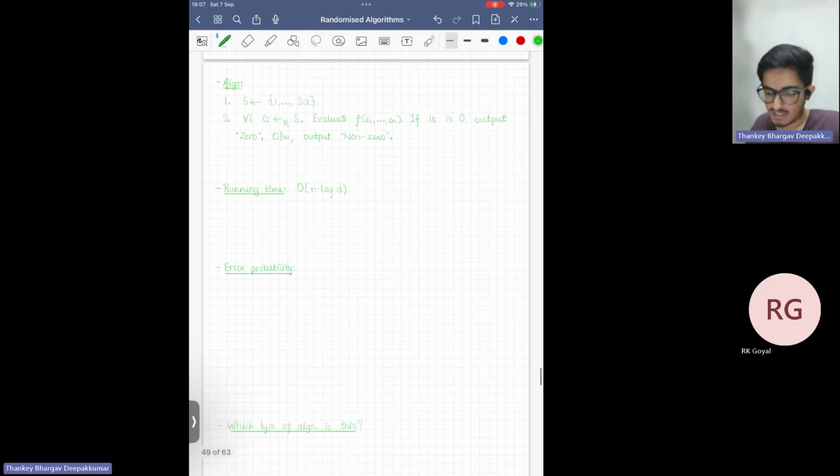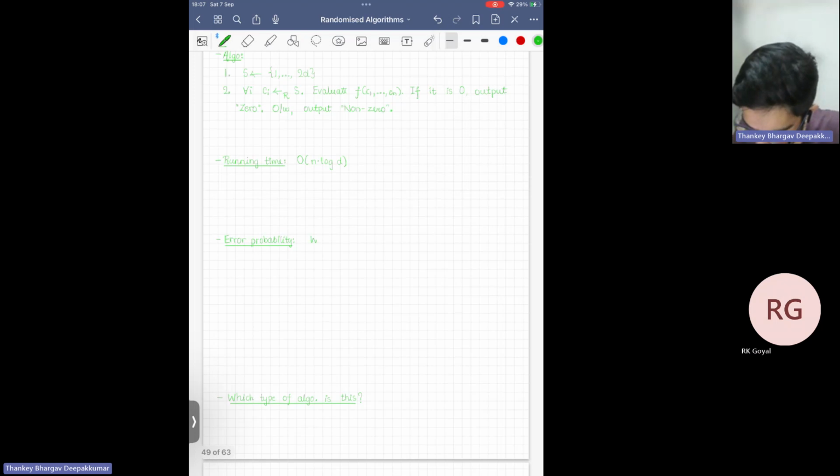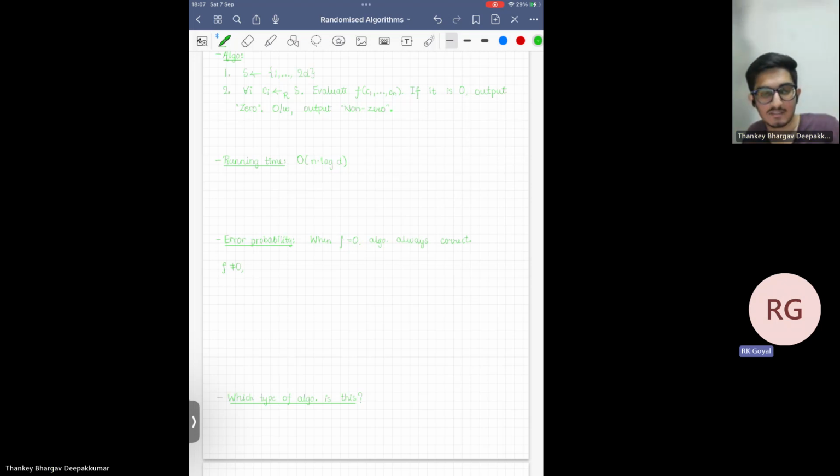Okay, so now what's the error probability? Again, when f is not equal to 0, I can use the Schwartz-Zippel lemma.